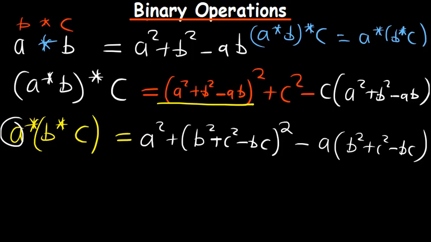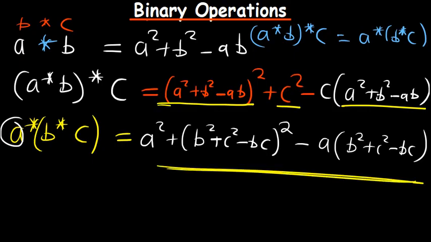I don't see it duplicated anywhere. Where can I see C squared duplicated in the result? I don't see it anywhere. Where can I see that duplicated again? I can't see it. So I think these are not the same. You can try simplifying, maybe you may find a different answer, but I don't think they're the same.